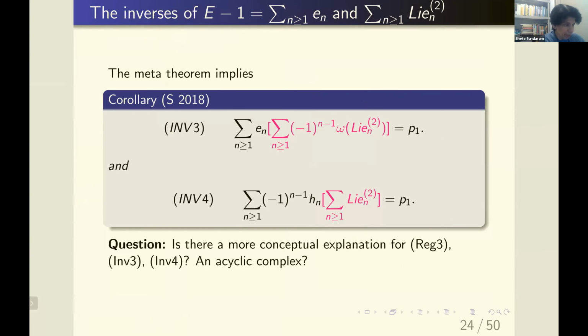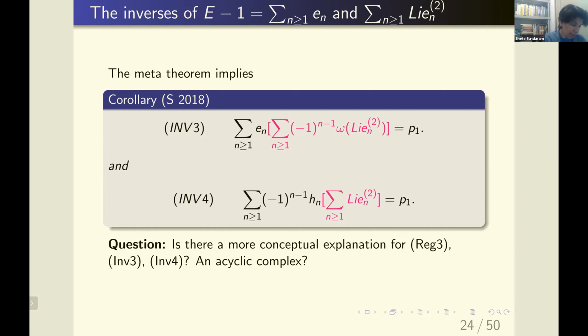The meta theorem gives you this for the inverse of the ENs. And if you take reciprocals, like I was describing before, you get the plethystic inverse of these funny Lie n2s. You'll get that too.